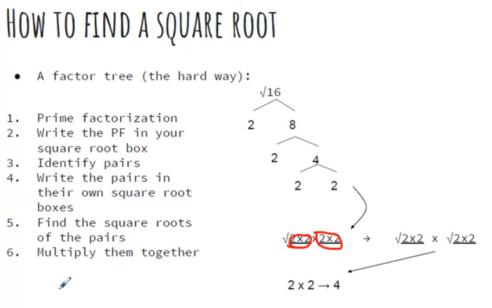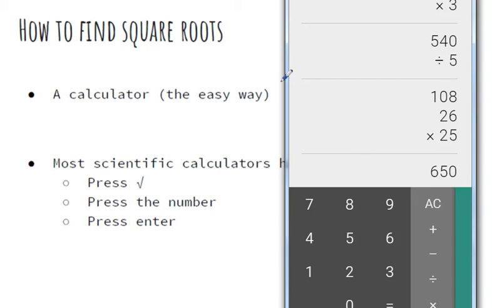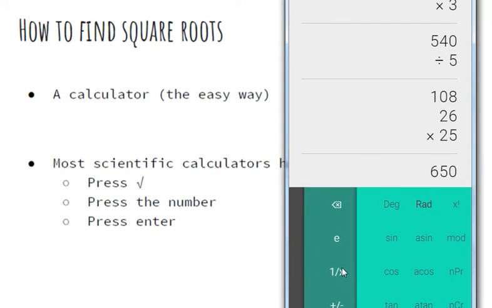That's a lot of work, and I honestly don't expect my students to be doing that, but I show it to them anyway. I'm going to be letting my students use a calculator more often. Most scientific calculators, like the TI-84s we use in class, work this way. I don't have one of those on my computer, but I can show you right here.